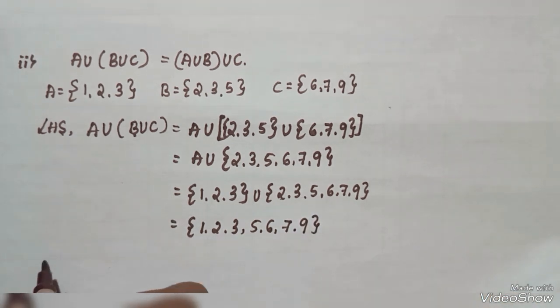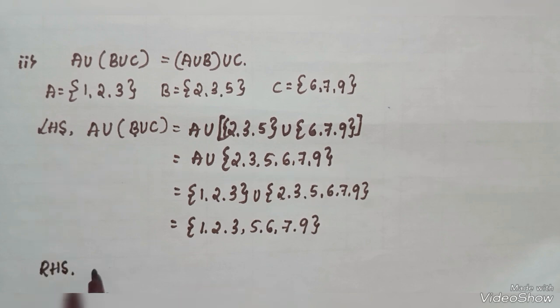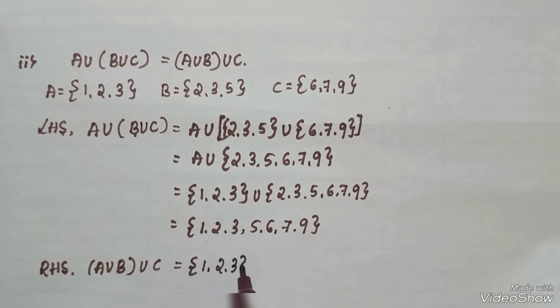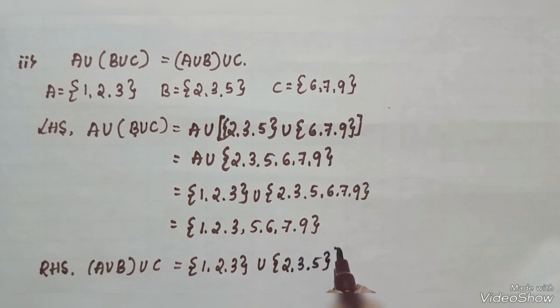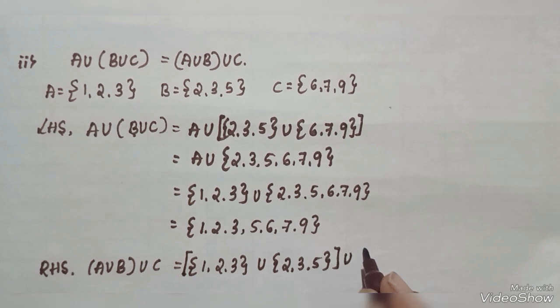Now I solve the RHS part, that is (A union B) union C. First I have to take A union B, that is 1, 2, 3 union B set containing the elements 2, 3, 5, in brackets, union C set 6, 7, 9.